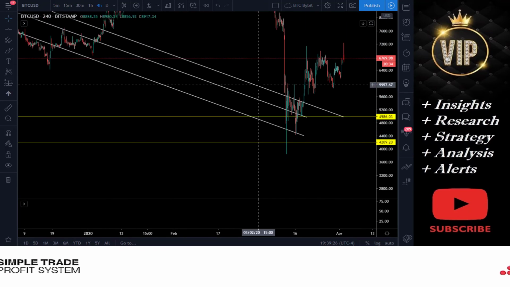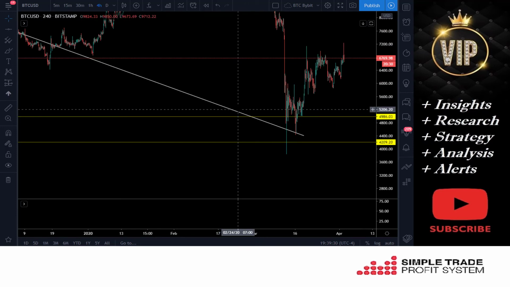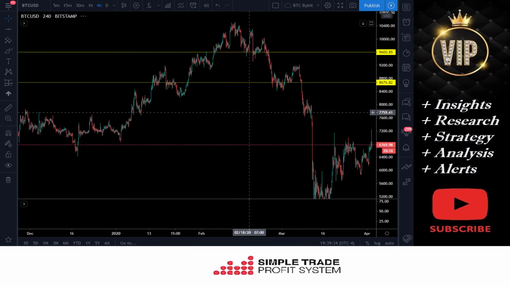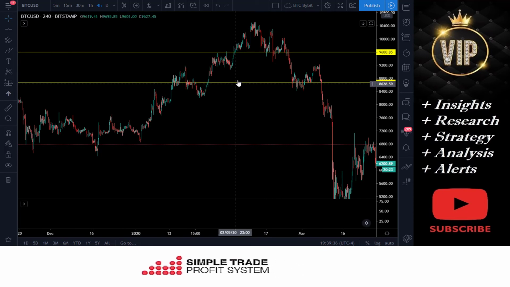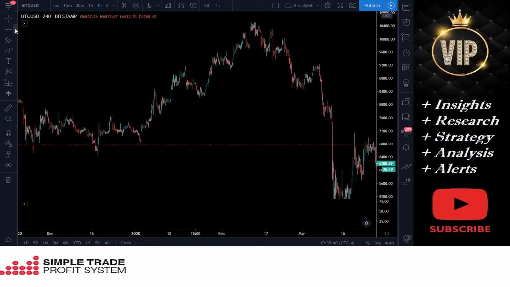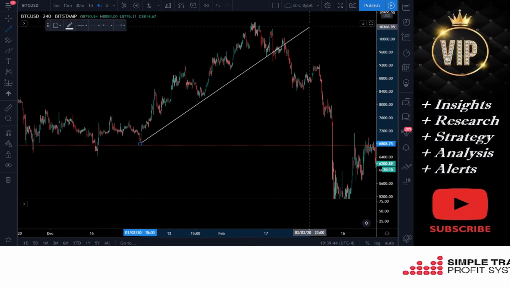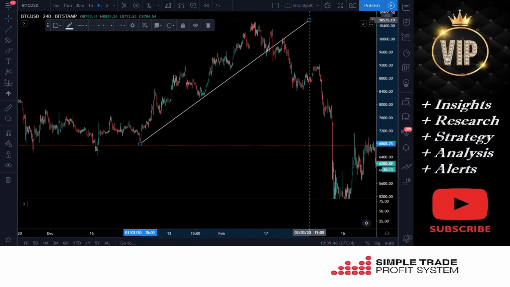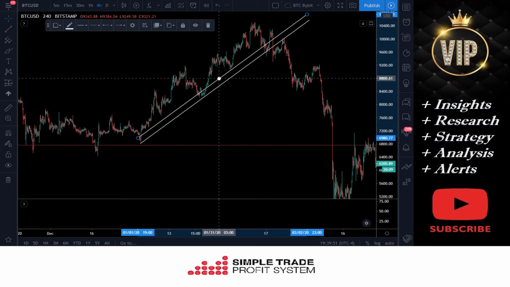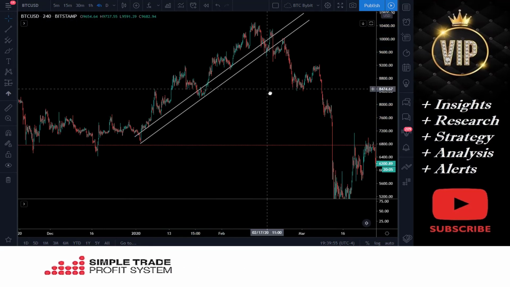So the other way to trade these is to trade a trend breakout. So let's look right here. Let's draw the trend lines we had from here to there. Let's draw another one right here. And now the opposite is true with this.